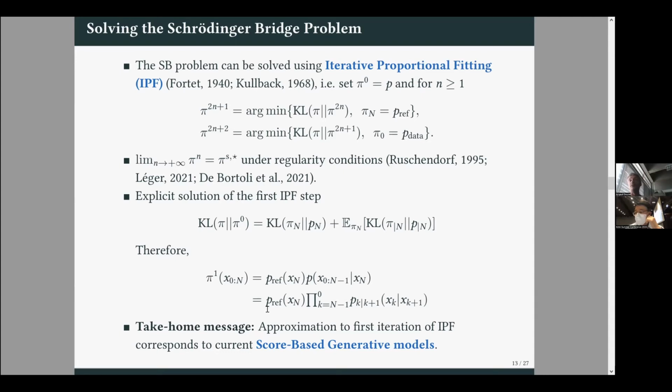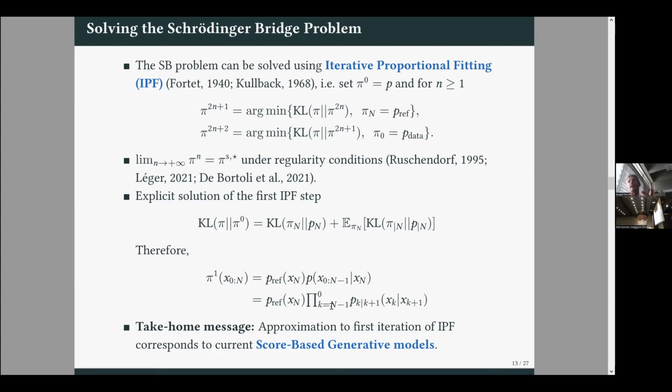What is pi_1? Well, it's simply the distribution which admits as marginal distribution at time n this Gaussian distribution p_ref. And then what you have is defined somehow naturally in the backward direction. It uses the backward Markov transition kernel associated to the forward process P, okay?